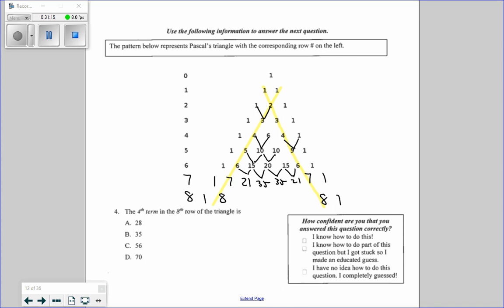There are other ways that we can work patterns, but that's the one I see. And then I can just add. I'm going to stop there because we want the fourth term in the 8th row. So 1, 2, 3, 4. The answer is 56.